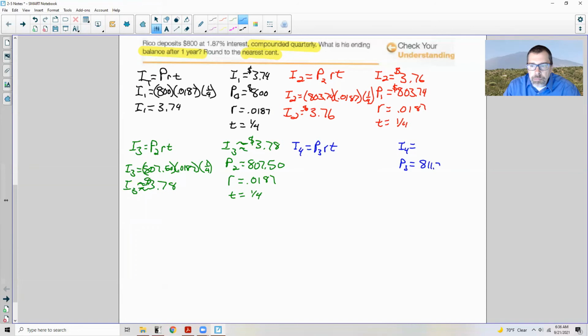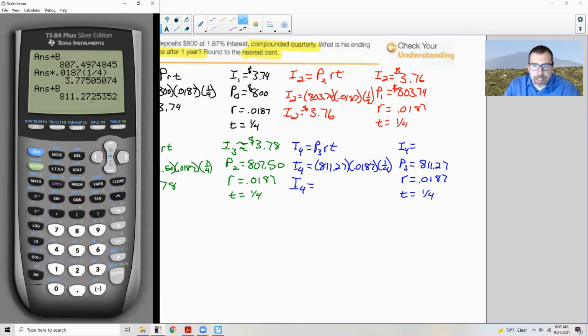And my rate, and then my time. 0.0187 times 1/4. So I sub 4 is going to equal this 811.27 times 0.0187 times 1/4. So now my final interest is what we're trying to find here.